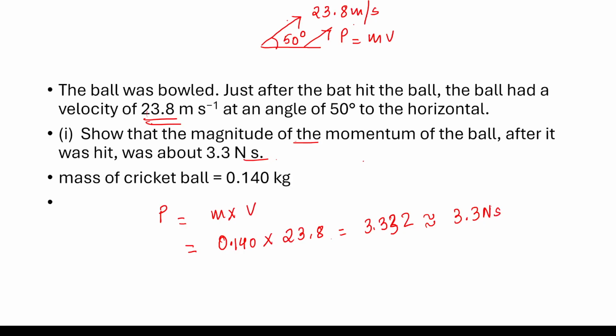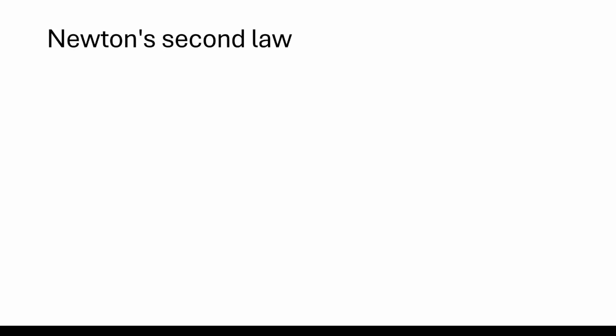Now, why Newton seconds? It is because there's a relation between force and momentum, given by Newton's second law, which is defined as: the resultant force acting on a body is the rate of change of linear momentum, or in the differential form, dp over dt.